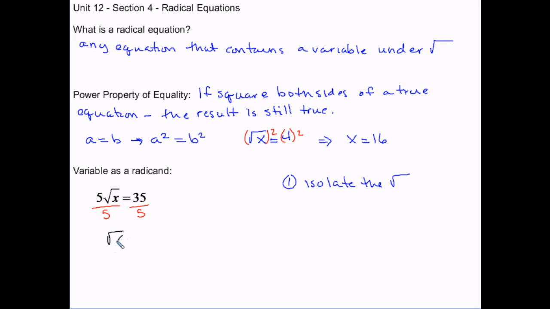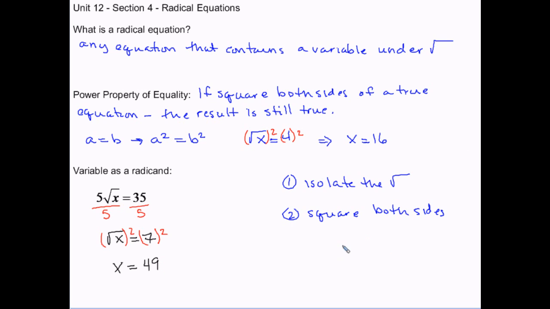And that will leave me with the square root of x is equal to 7. Then I square both sides. So I square this, and I square that, and I get the square root of x squared gives me x. 7 squared is 49.